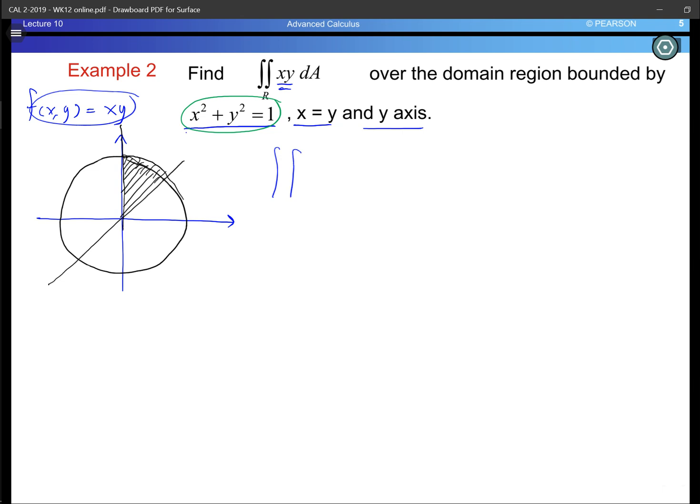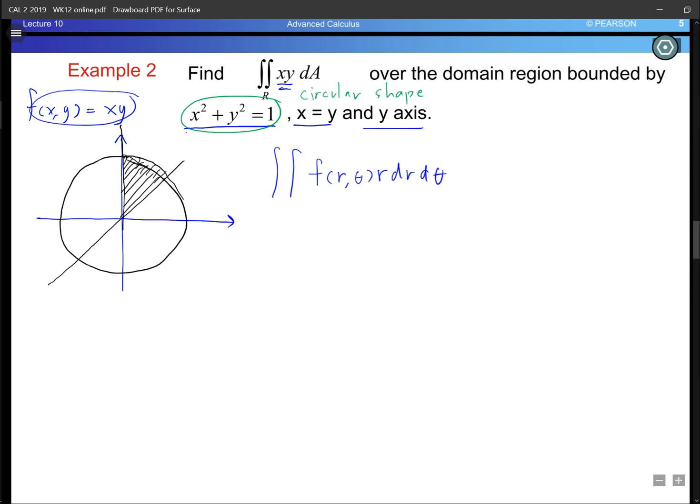circular shape. So you can see that circular shape here, which means that it's more suitable for the polar form. So let's use the formula that we talked about before. Function in terms of r and theta, dA we know is r dr d theta.